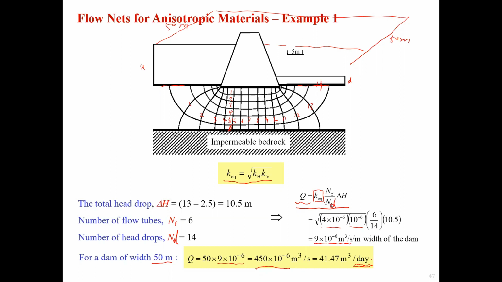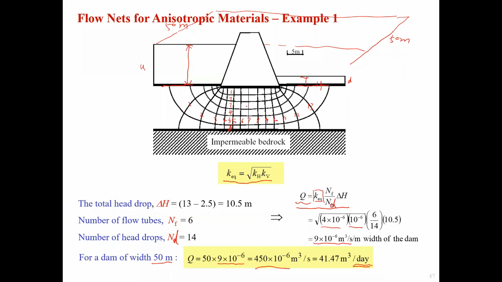But what happens over the years when those tubes become bigger? For these questions, you just assume the tubes remain constant. As long as the water height and the water difference remain the same, the flow net will remain the same as well.